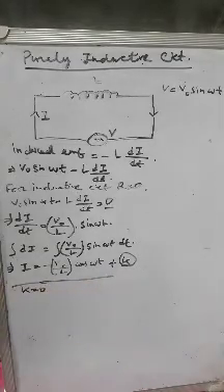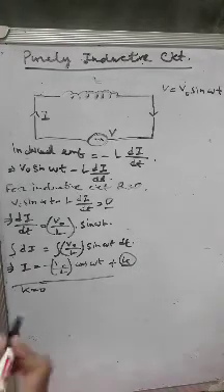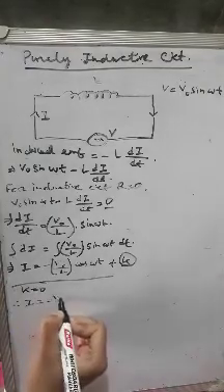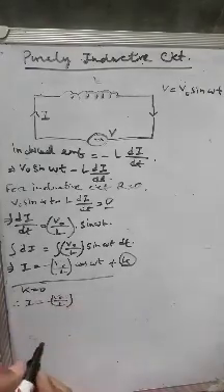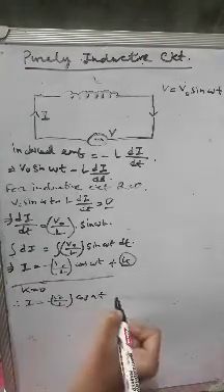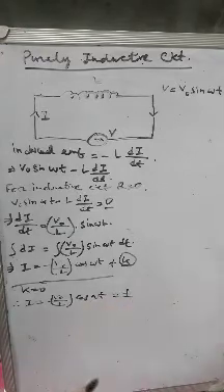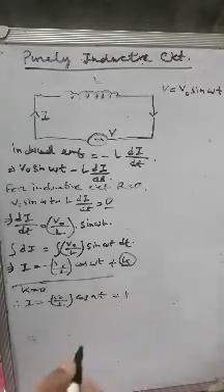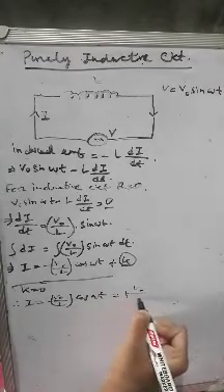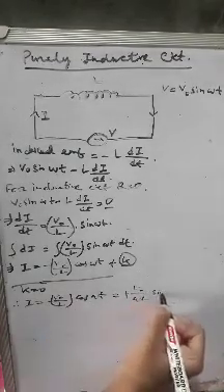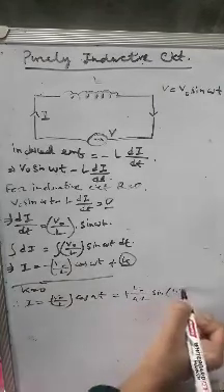Don't mix it up. So if you go back to the previous expression, I will be equal to minus V naught by L cos omega t, which is equal to plus V naught by omega L sine within bracket omega t minus 90 degree.